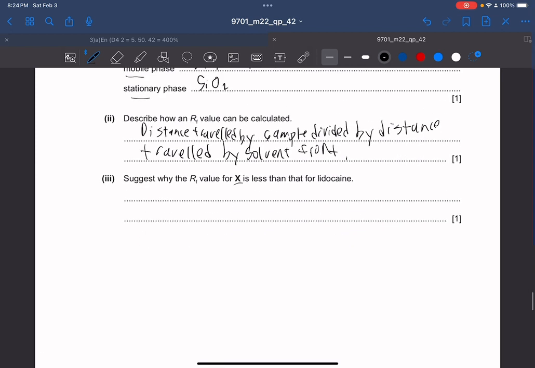Suggest why the Rf value of X is less than lidocaine. You can explain this in two ways.